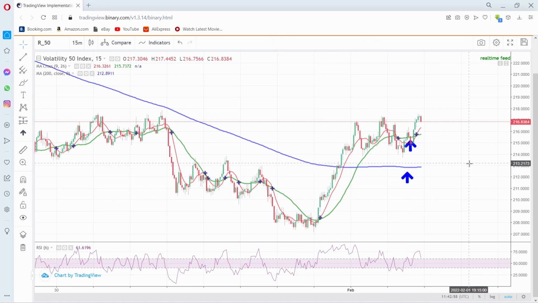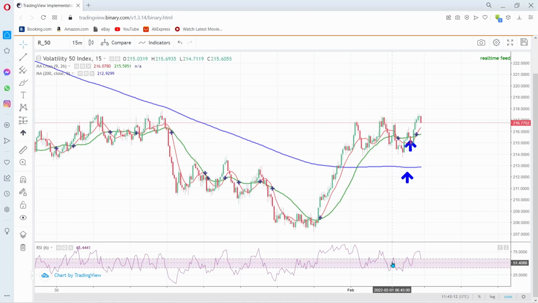So right now we are looking for the third confirmation. The third confirmation is to see moments before the arrow, on the relative strength index, the relative strength index must be outside this region. You can see there is this color over here.